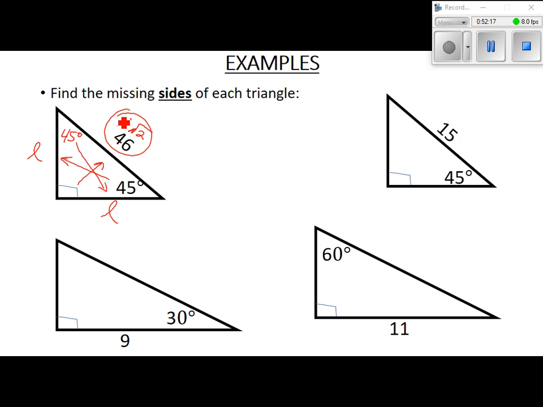L times the square root of 2 equals what? All right, so get that set up. Make sure you have it on your paper, because otherwise you're going to be lost when you come to these harder ones. And they're not all that difficult, especially if you let your calculator do all the work for you.